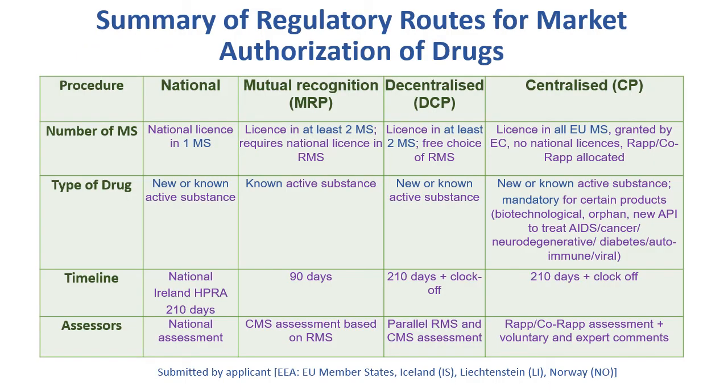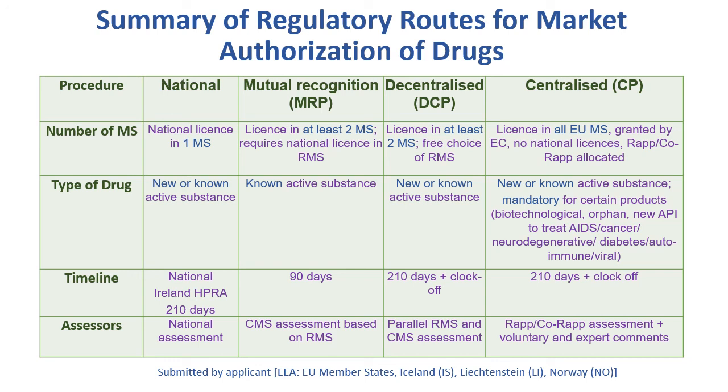Just to summarize the regulatory routes for marketing authorization of drugs, there are four different kinds of marketing authorization: national, mutual recognition, decentralized procedure, or centralized procedure, which differ on the number of member states. If it's only one member state, then it's a national license.